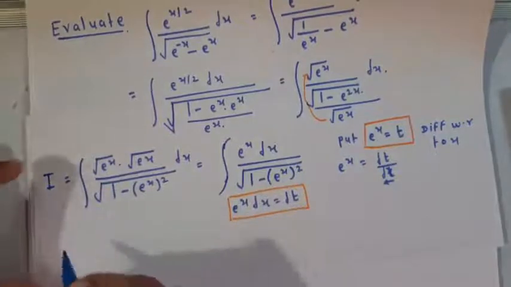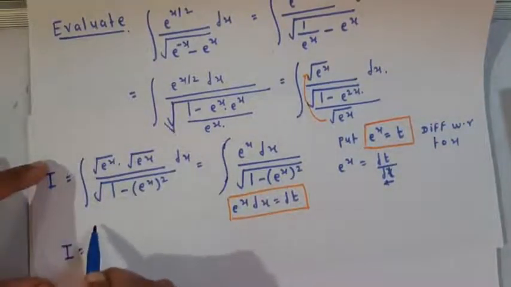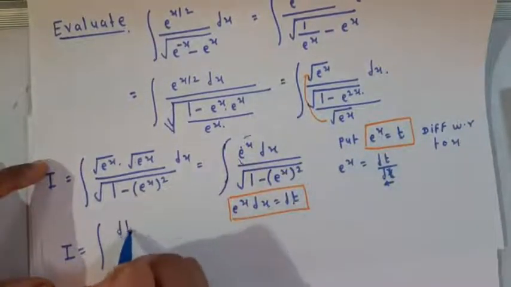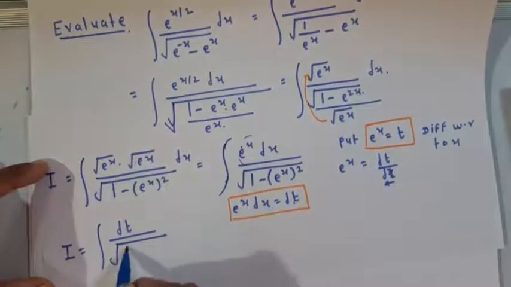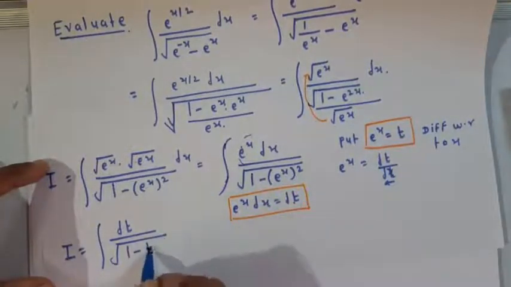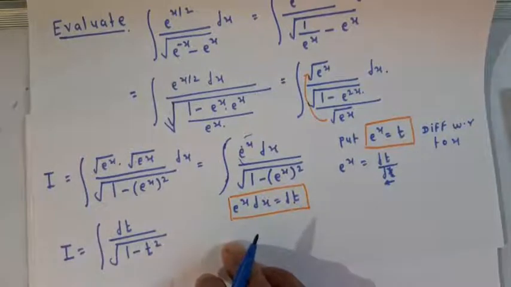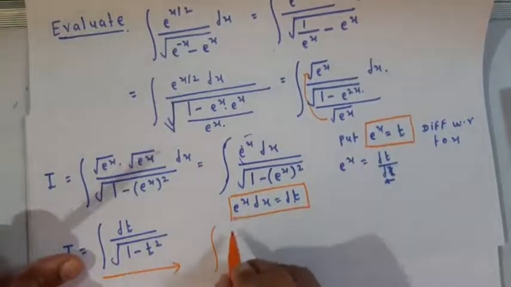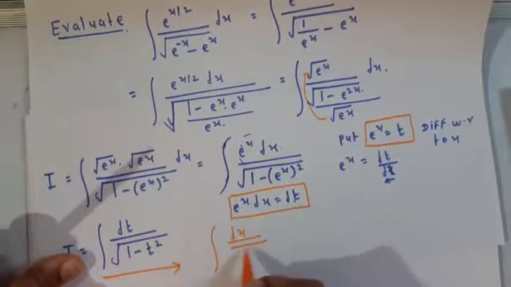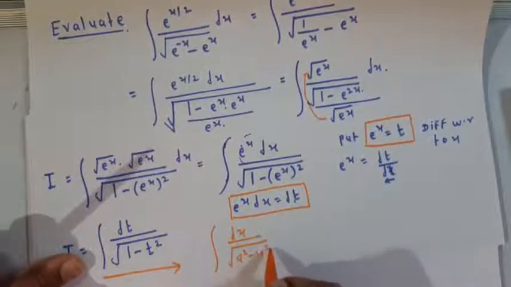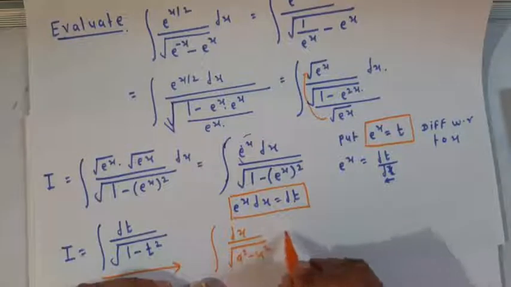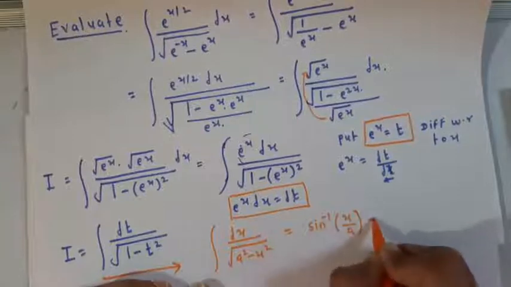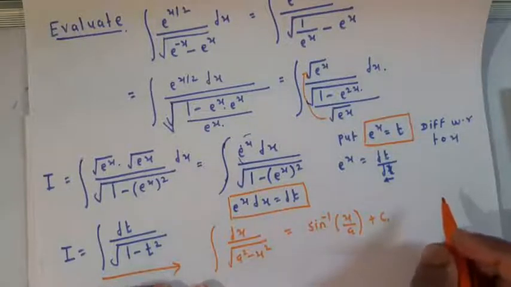This integrand I equals the integration of e raised to x dx, whose value is dt, upon square root of 1 minus e raised to x square, which is t square. And students, this integration is of the form integration of 1 upon square root of a square minus x square, and this is sine inverse of x upon a plus constant of integration c, by using this.